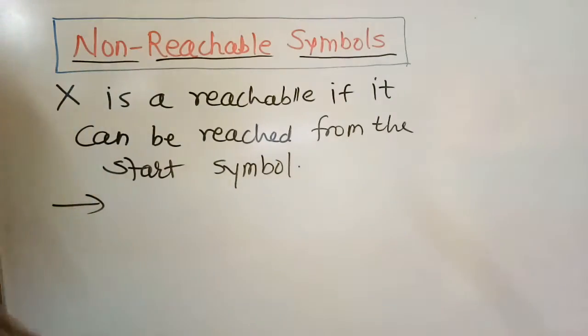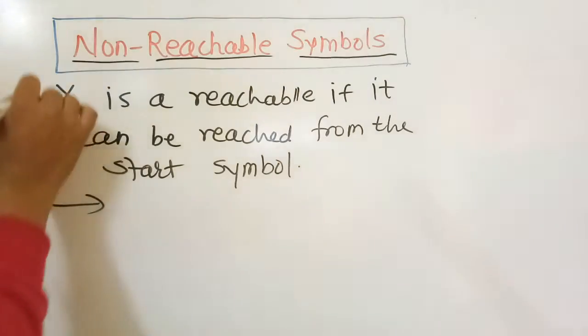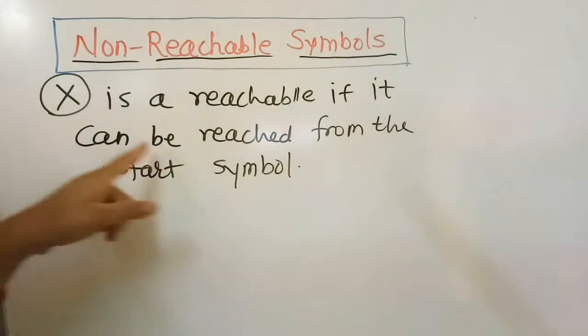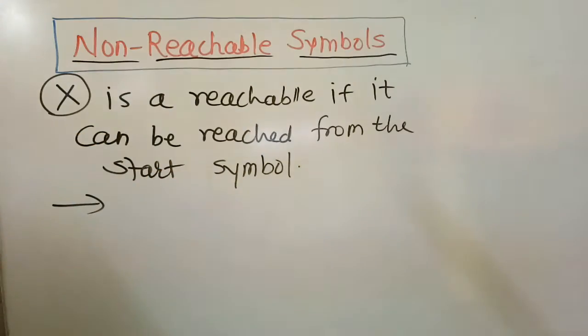What I am saying is that a symbol X can be reachable if it can be reached from the start symbol. Means we have to keep only those non-terminals in our grammar which have a production directly from the starting non-terminal, or which have a production by a non-terminal which is itself from the starting non-terminal.